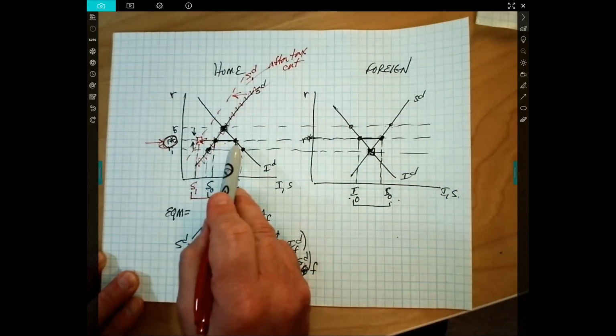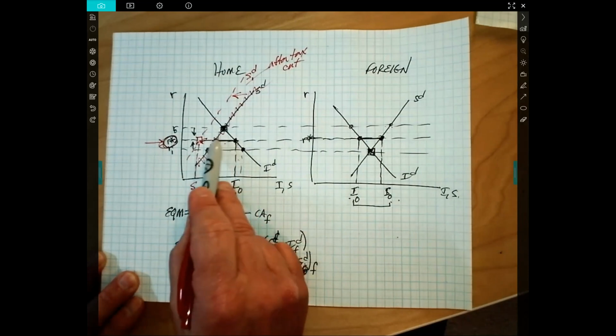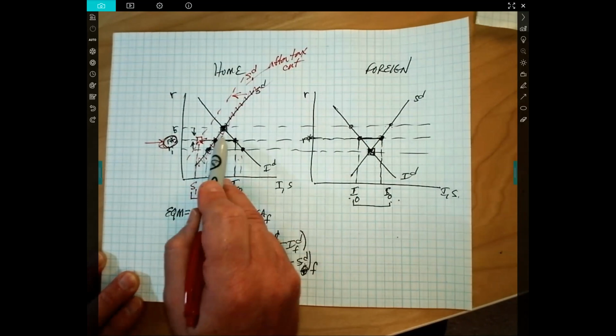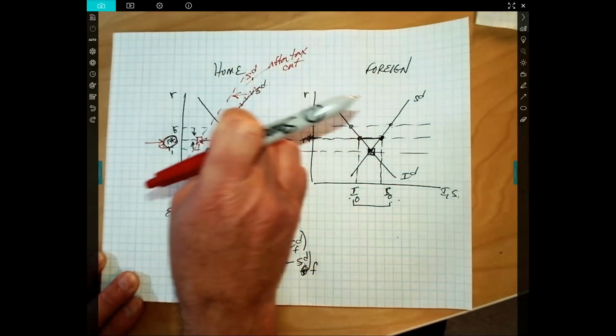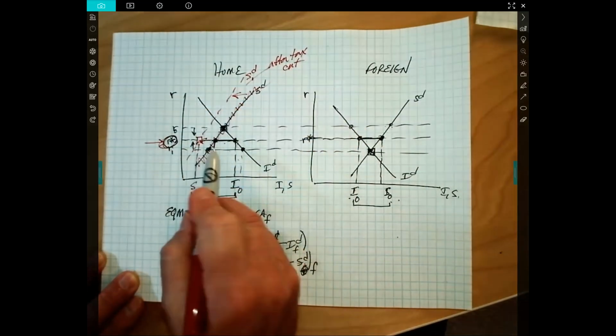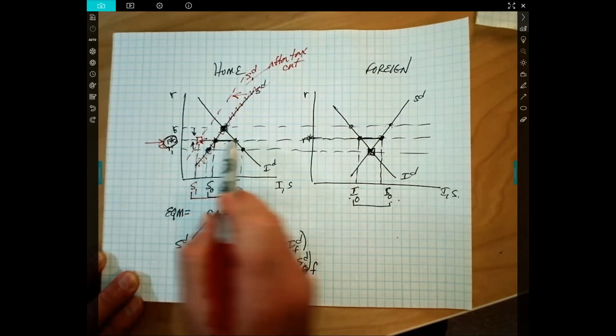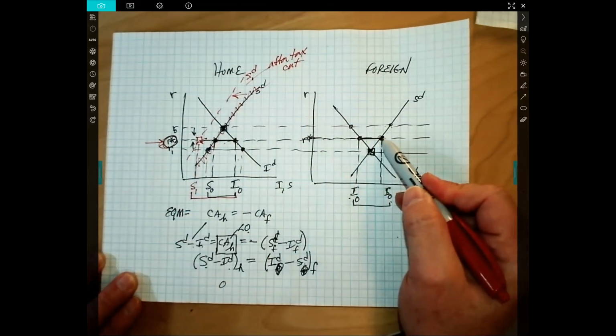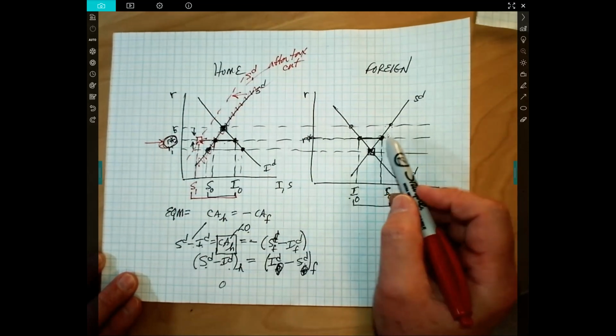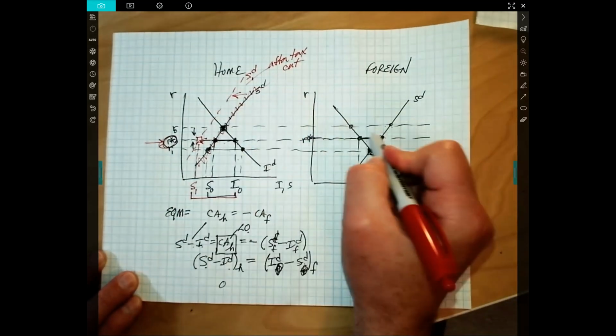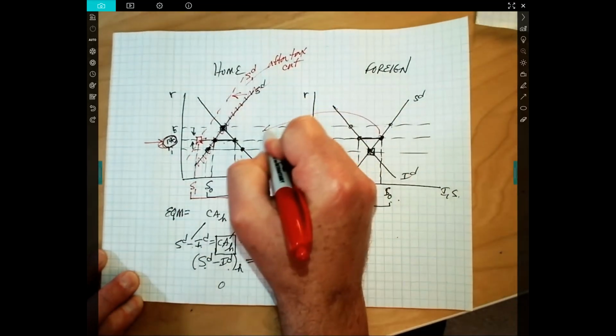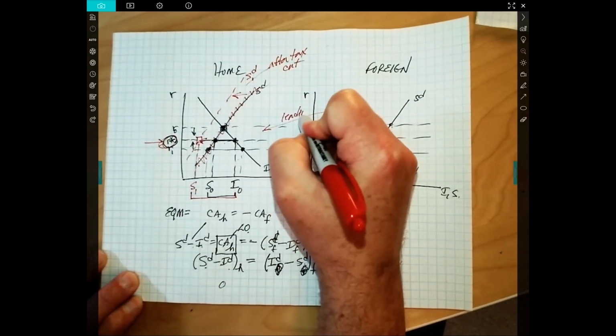This distance over here represents the desire for borrowing, because there's not enough saving in the home country. And there's not enough saving available. They make up for that with the excess saving over in the other country. They're willing to lend.